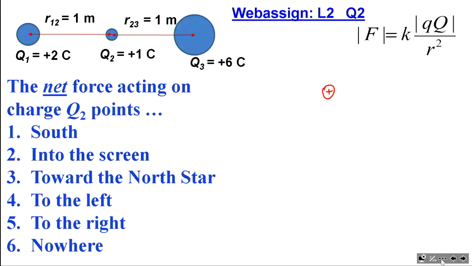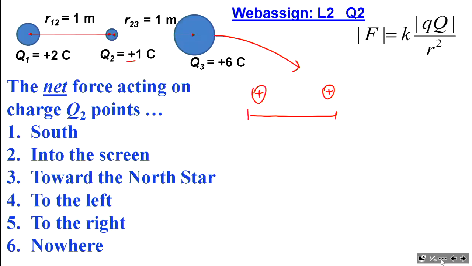Now, when several charges are acting simultaneously, each individual charge is responsible for generating its own individual force. So we can break this situation into two individual smaller subsystems. First, we can consider only the charge on the left and the charge in the middle.